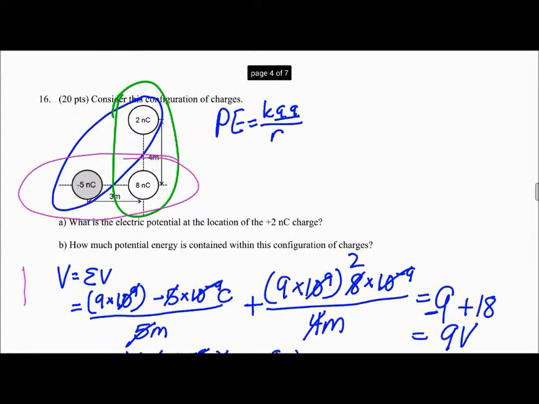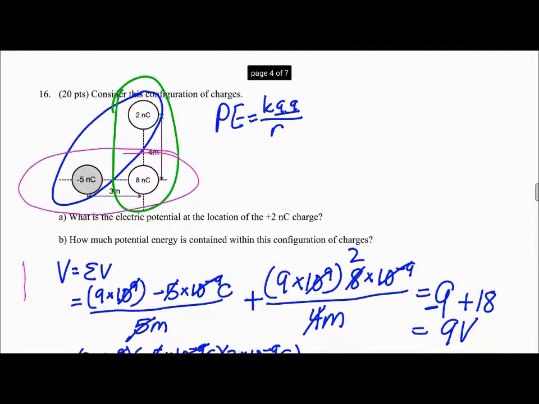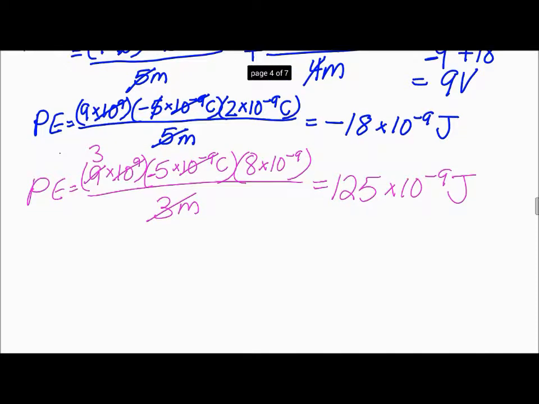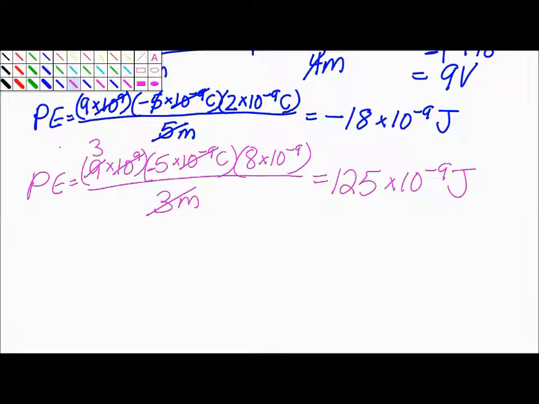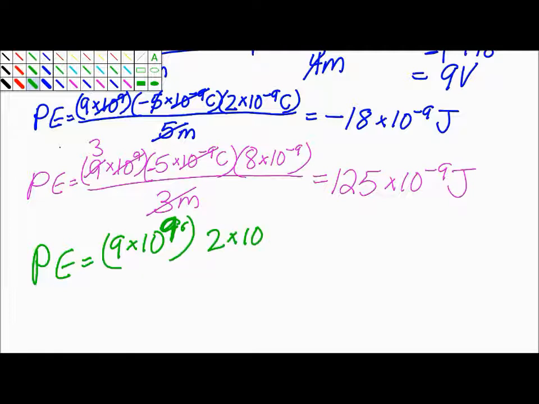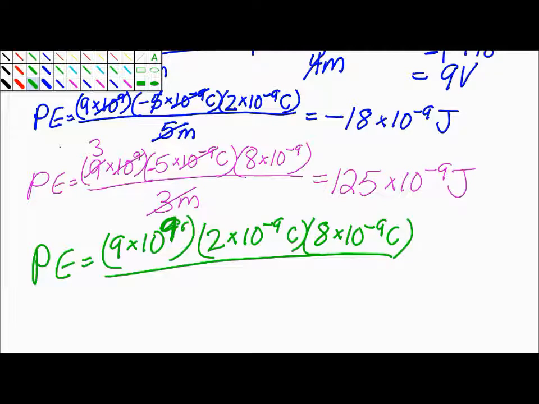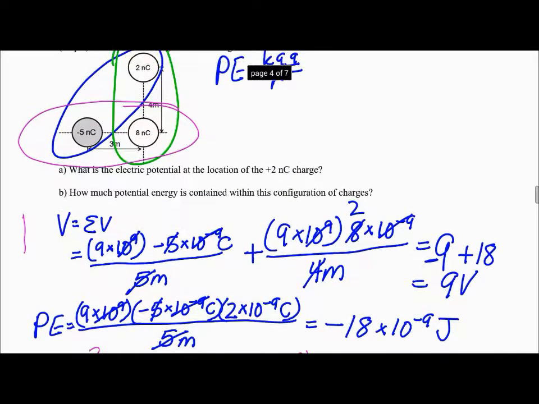And then I want to find this for the 2 and the 8. There's my K. Divided by the distance between them, which was 4 meters.